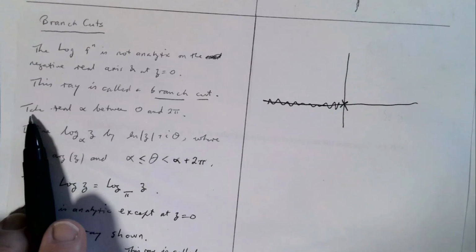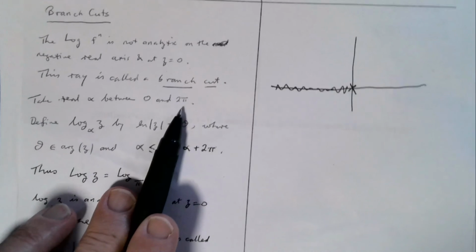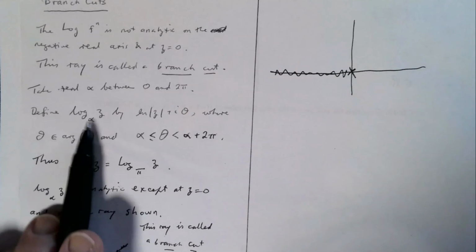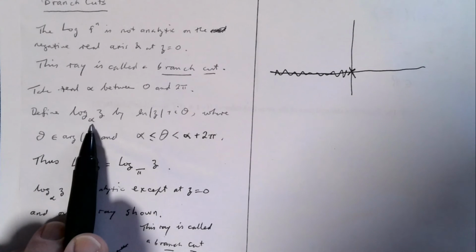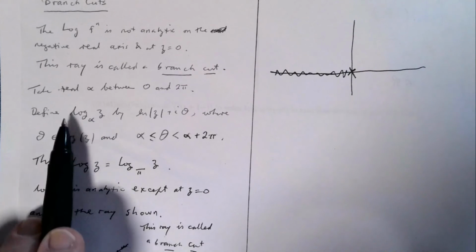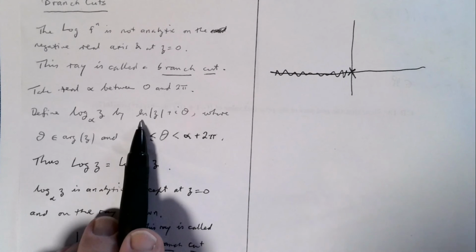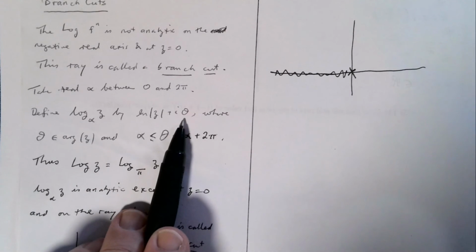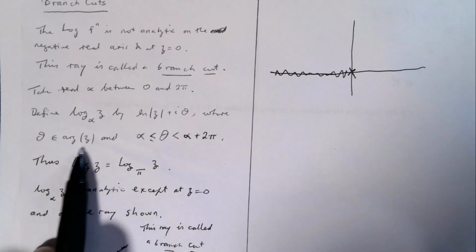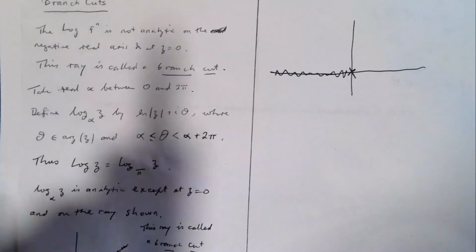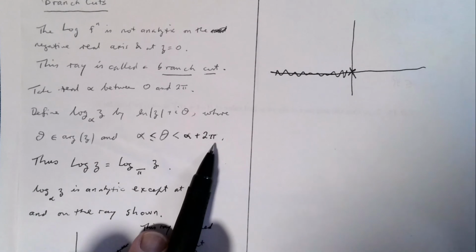I now want to take a real alpha between 0 and 2 pi, and I'm going to define a family of logarithms, log sub alpha, not to the base alpha, they're all to the base e. This is log sub alpha of z, and I'm going to define it in the usual way by log of mod z plus i theta, except now I'm going to have theta belong to the set of arguments of z, but where theta lies between alpha and alpha plus 2 pi.